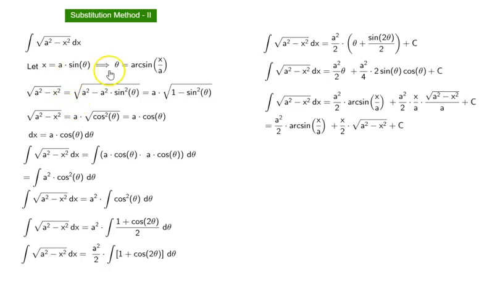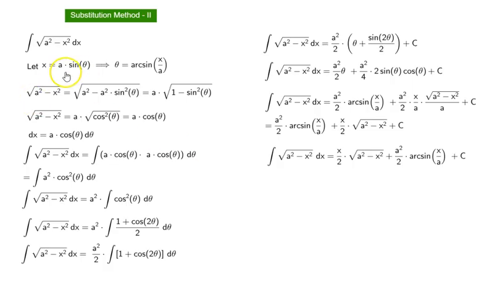Theta is equal to arc sine x by a, plus, simplifying this, a square, a and a cancel out. So we have x by 2 times square root of a square minus x square plus c. Finally, we have integral of square root of a square minus x square dx is equal to x by 2 times square root of a square minus x square plus a square by 2 times arc sine x by a plus c. So that is some additional substitutions that we have looked at.